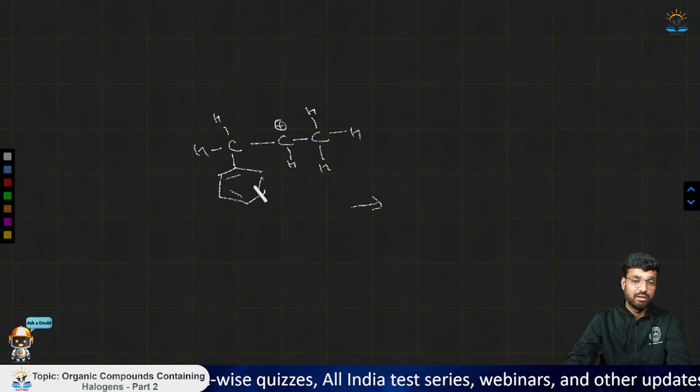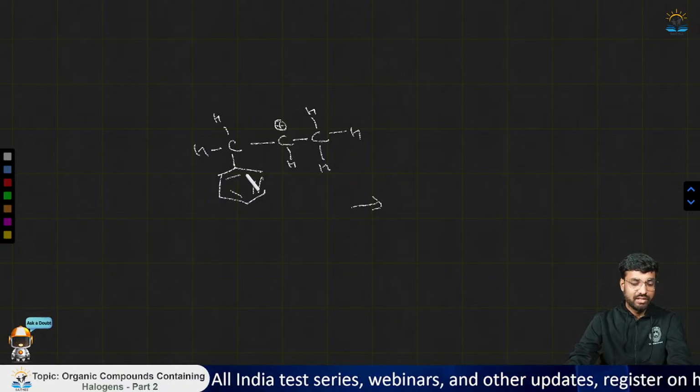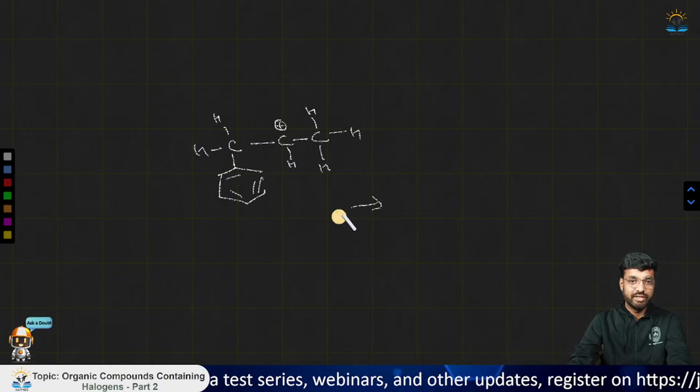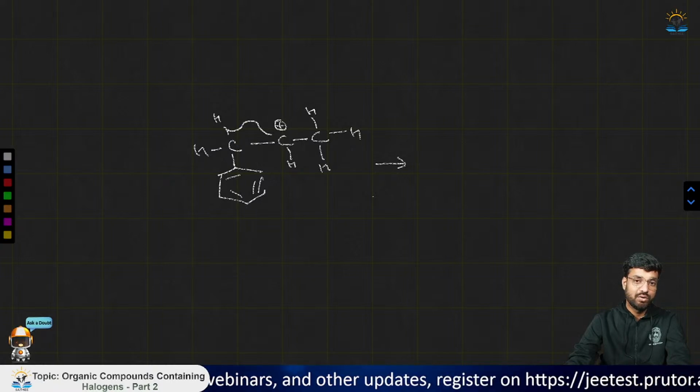Why? Because this positive charge is much more stable here, since it is stabilized by this whole benzene ring. So what will happen is there is a kind of 1,2 hydride shift.